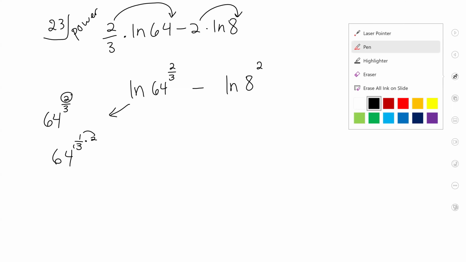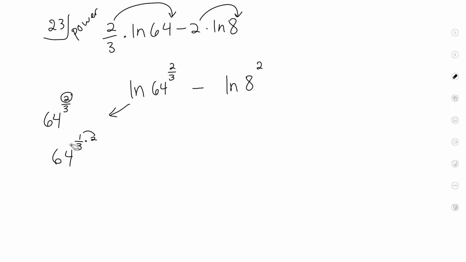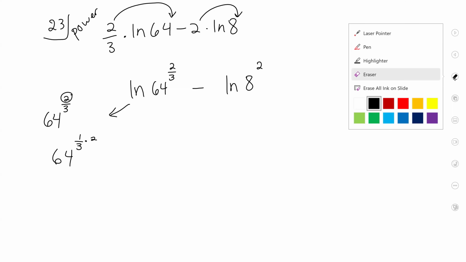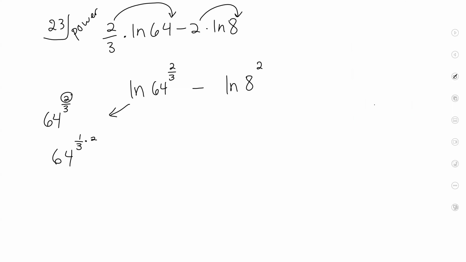Now, when you have an exponent of 1/3, that is the same thing as saying the cubed root. This is the same as this. And don't forget the little squared. Now, let's evaluate this. Think with me.